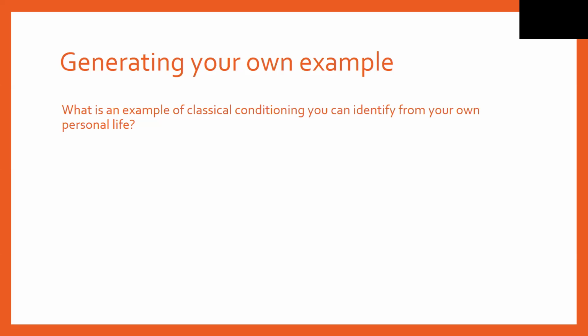You can take a minute and pause the Edpuzzle and write down an example of classical conditioning, as I did in these examples, explaining what's being paired together and what's going on generally. I'm going to ask you to do this on the test. So this is an opportunity to think of an example, and I'll provide you with feedback on this assignment and let you know if your example could apply to classical conditioning. You can get some feedback on what essentially will be an essay question on your test early on.